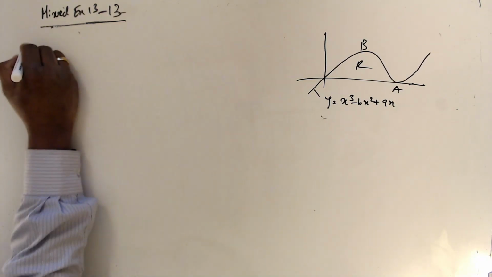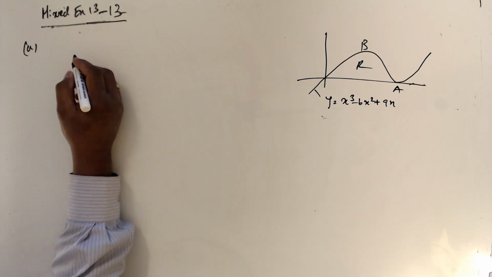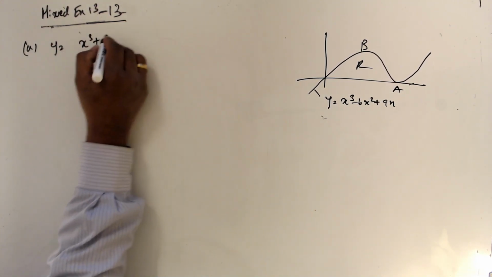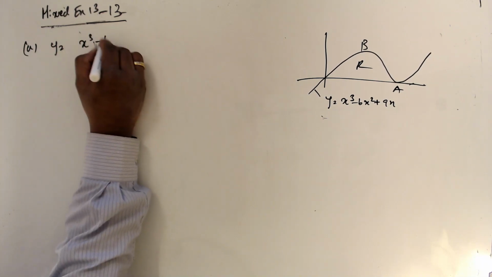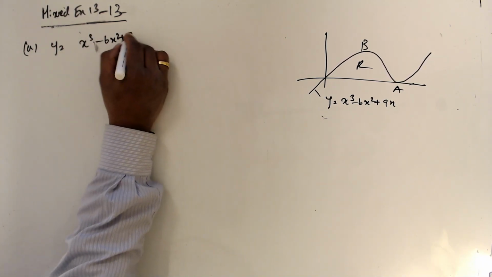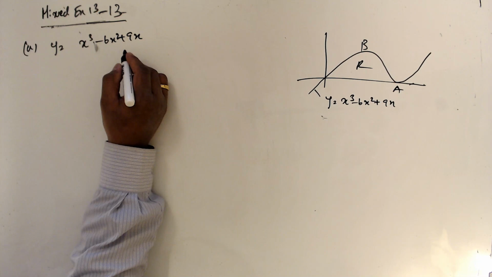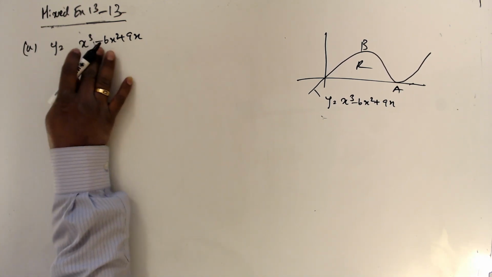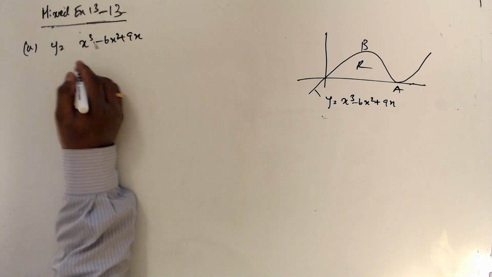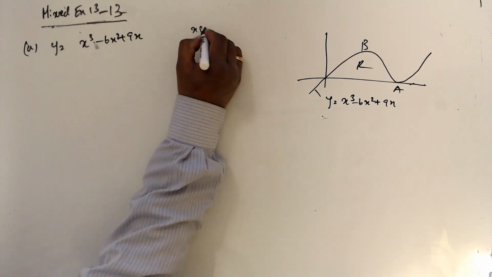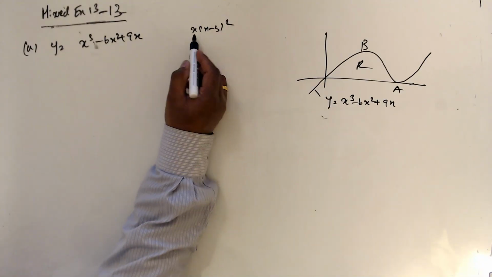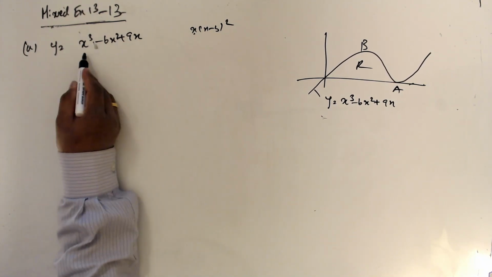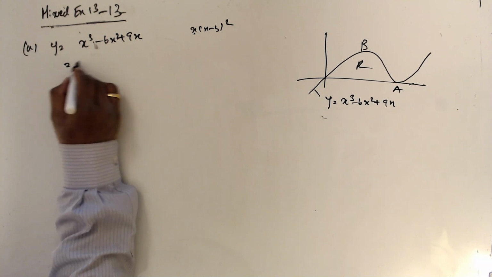Question number 13a. We have to factorise this expression, x cubed minus 6x squared plus 9x. When I look at it, I can see that x is a common factor, so I can take the x out.